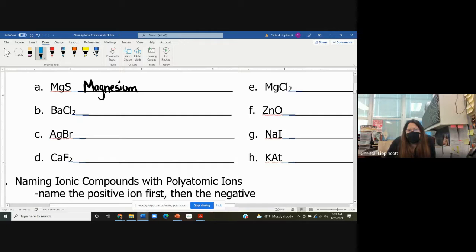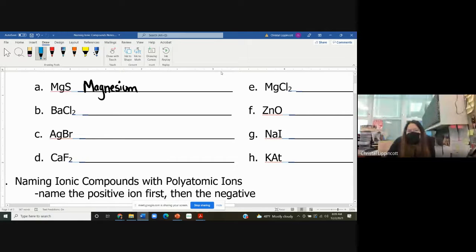So you start with that. Then you go to your periodic table and you're going to look this up and you're going to see if it has more than one option or not.